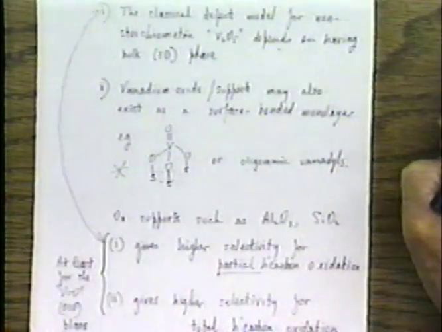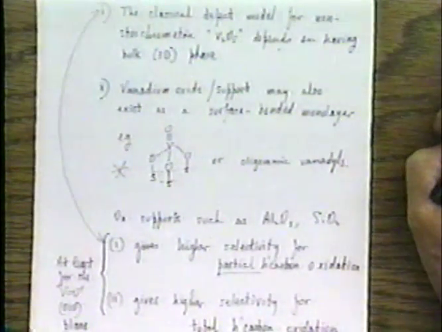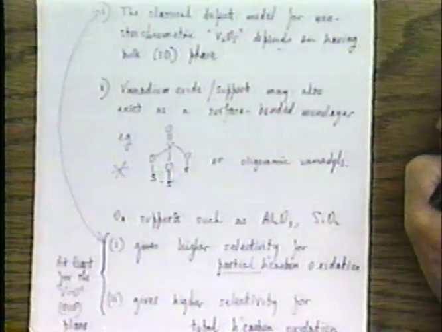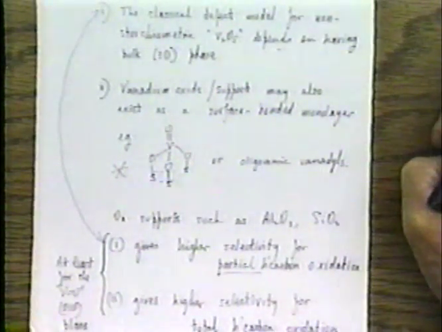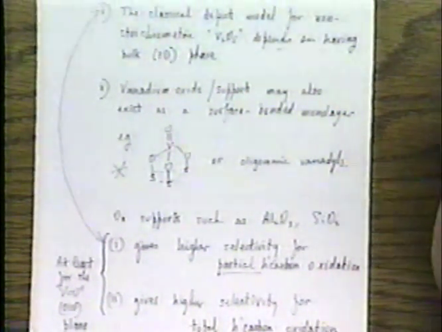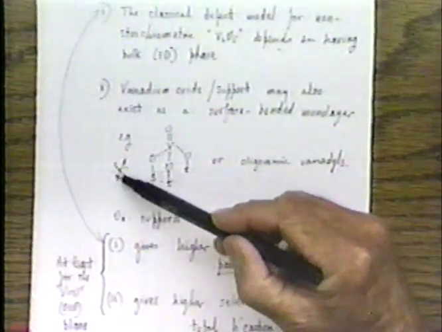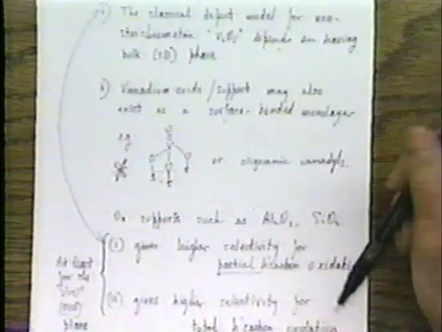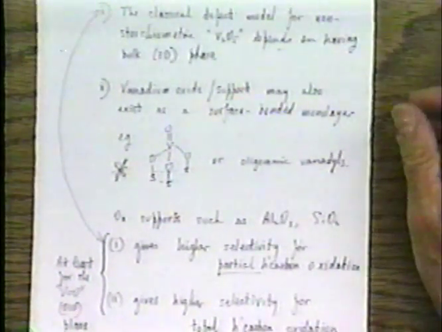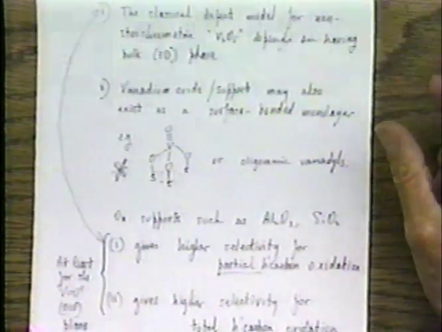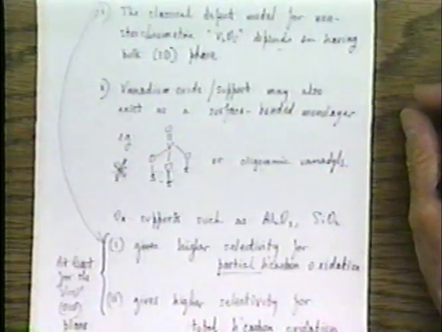That is to say, you get significant quantities of oxidation product from hydrocarbons other than the oxides of carbon, whereas this material has catalytic activity all right, but it tends to be a total oxidation catalyst, with the products being CO and CO2.